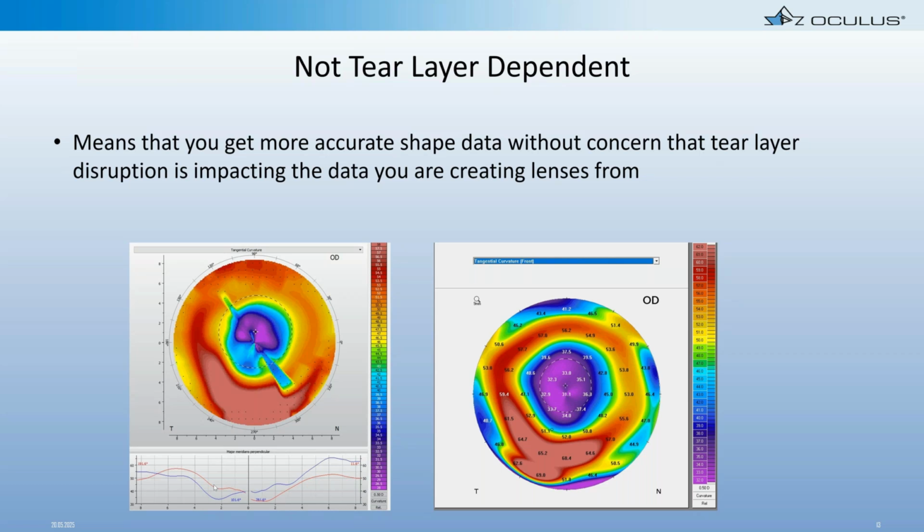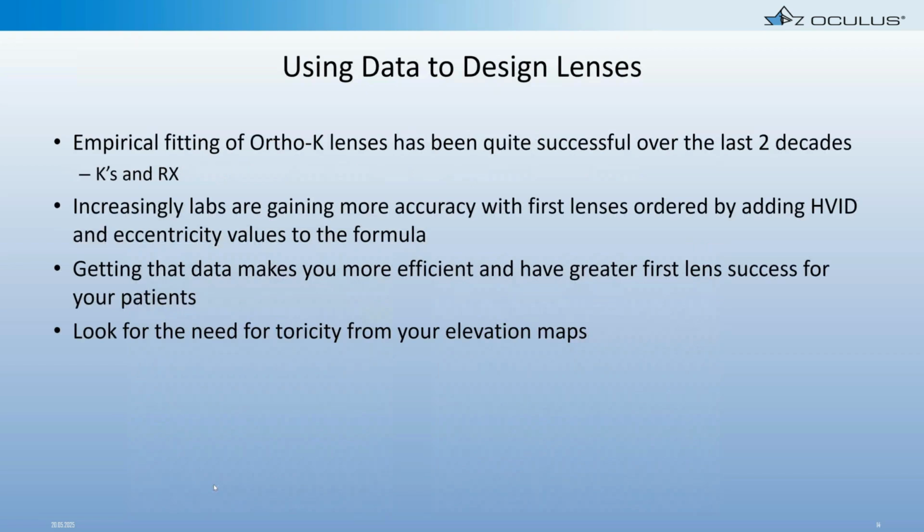But when it comes to lens design, it's much preferable to have an instrument that's not tear layer dependent like the Pentacam, so that you don't have to depend on a good tear layer to get the right information.